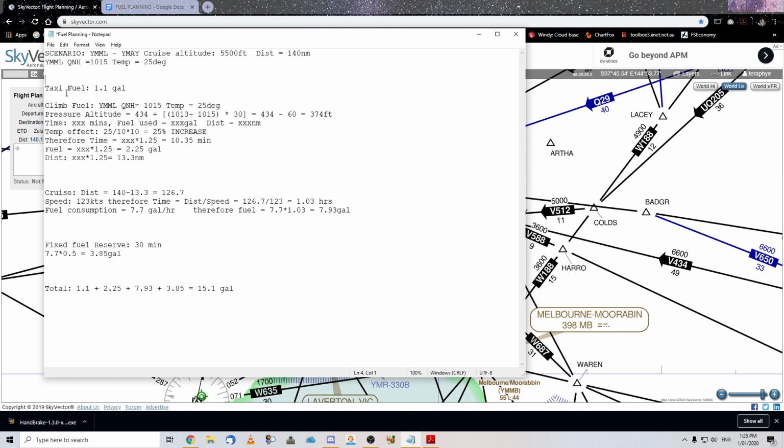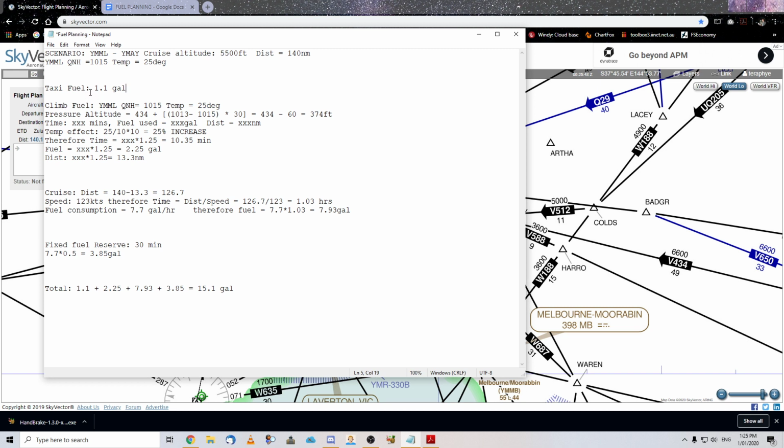So the first part of fuel planning is taxi fuel, and as we saw before in that note, you don't need to work out your taxi fuel. You basically look at the pilot operating handbook, and you allow 1.1 gallons.